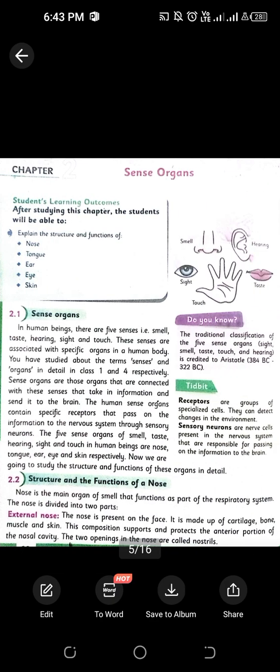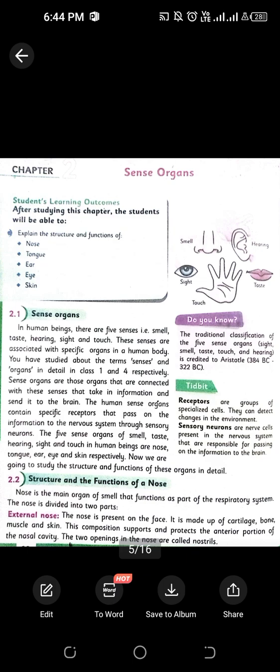So this is the chapter Sense Organs, and the basic senses are smell, taste, hearing, sight, and touch. These senses are associated with specific organs, and first of all, we will discuss the structure and the function of the nose.